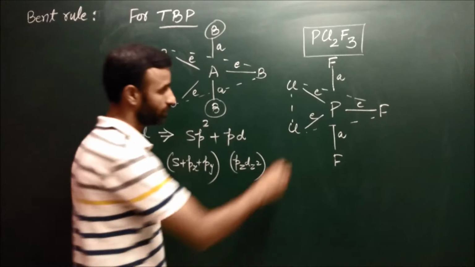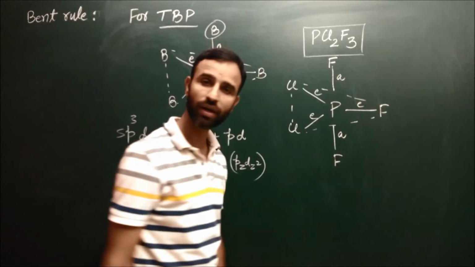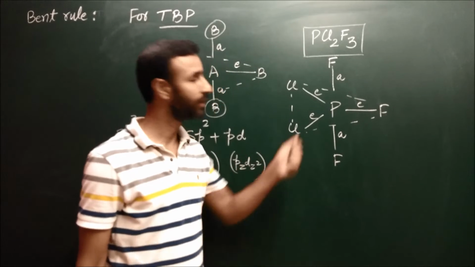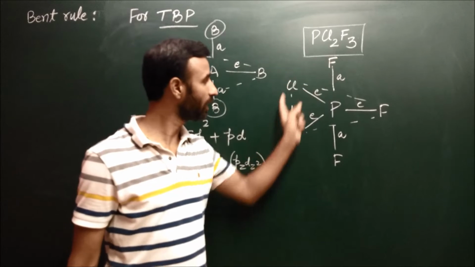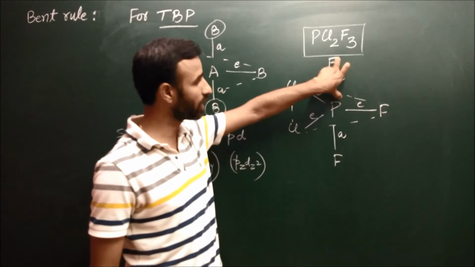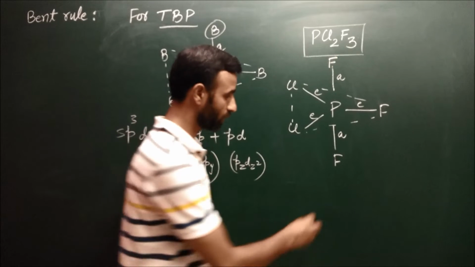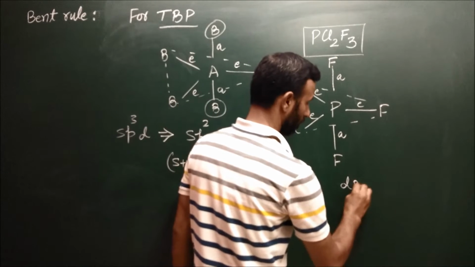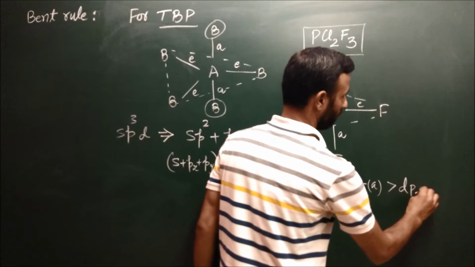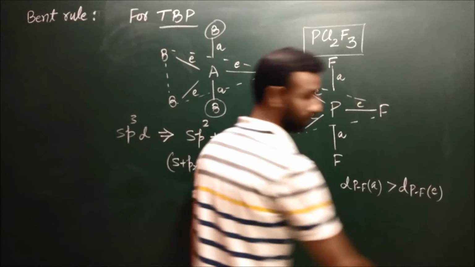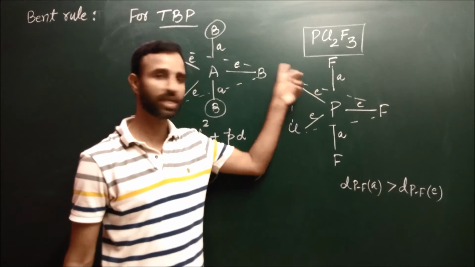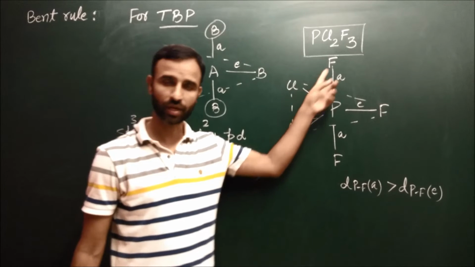Now, axial bonds are longer than equatorial, but it is only possible when all the atoms are the same. Now you can see axial bonds are longer than equatorial bonds. So d(P-F) axial is greater than d(P-F) equatorial. But what about P-Cl? Chlorine is larger in size than fluorine.